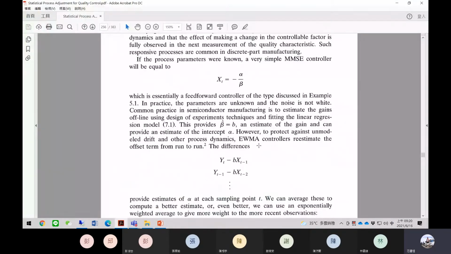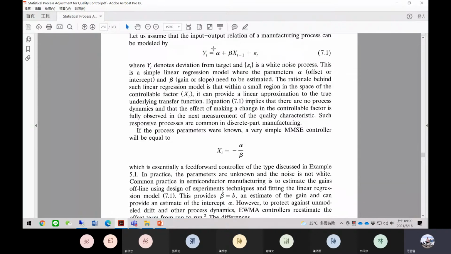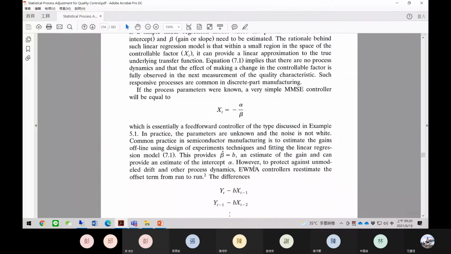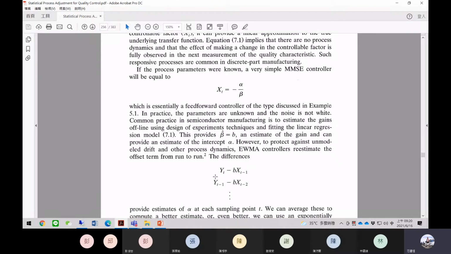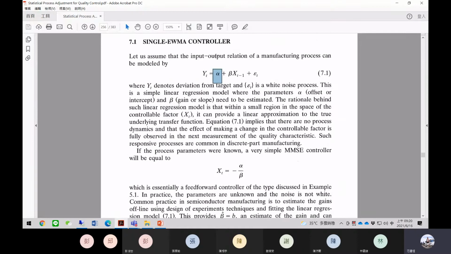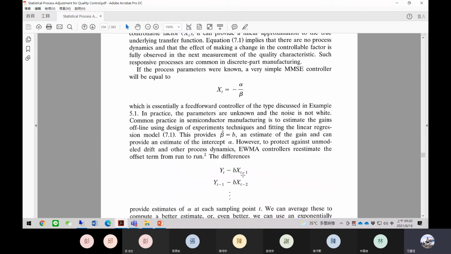Back to here. So the EWMA controller re-estimates the offset from run to run. The difference YT minus BXT minus 1 is used to estimate the portion of alpha at time t.